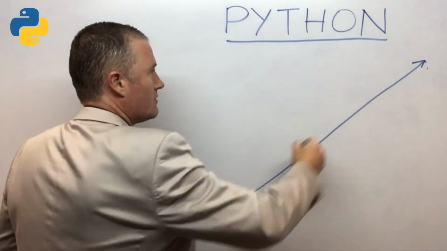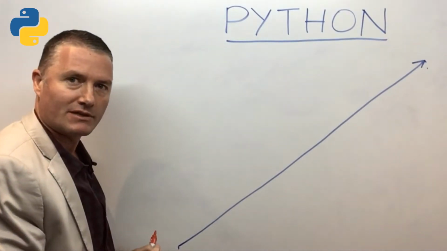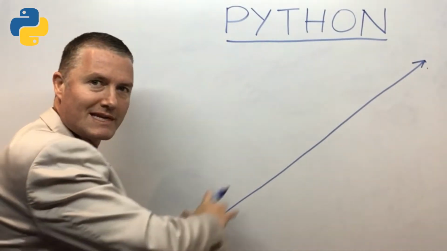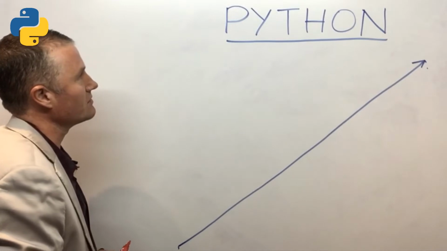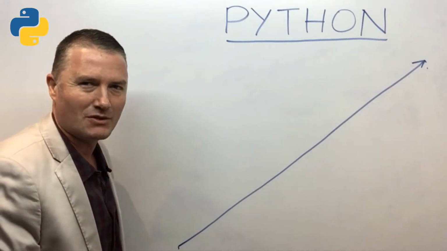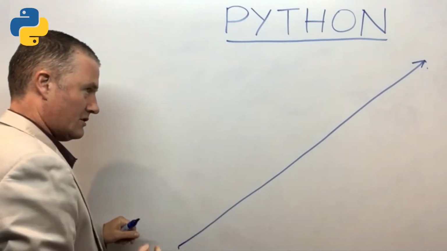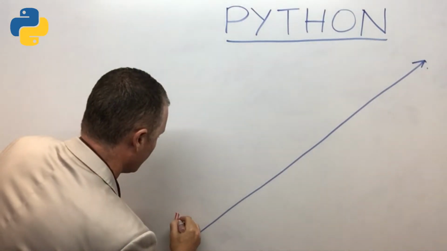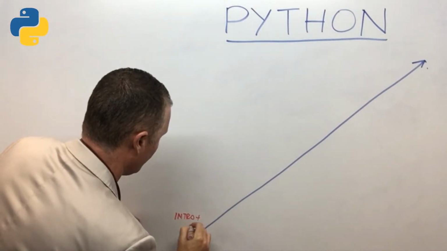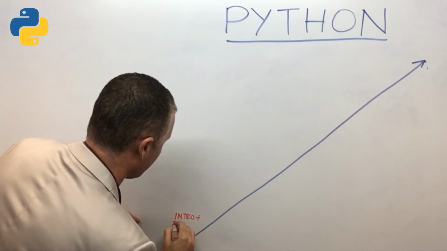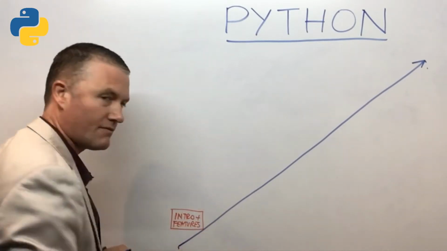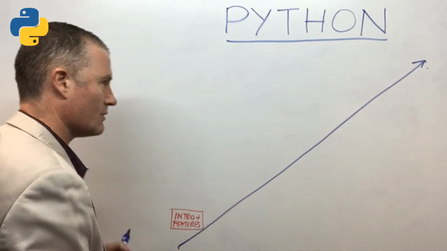So we're going to take you on a journey, and I'm going to sketch for you now what the key milestones and stepping stones are in that journey as you learn Python. So we're going to start you off with a bit of an introduction to Python and some of the key features of Python as a very popular and versatile programming language.